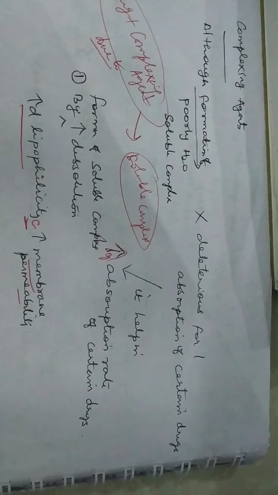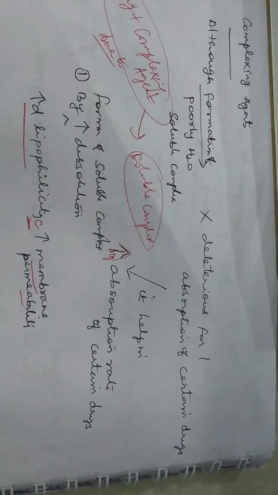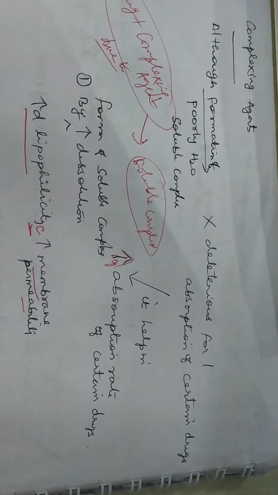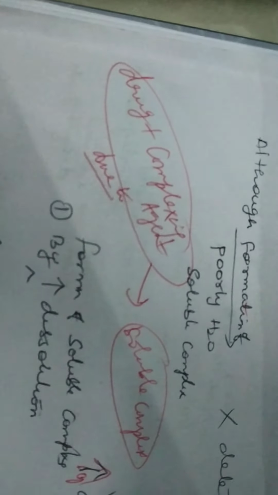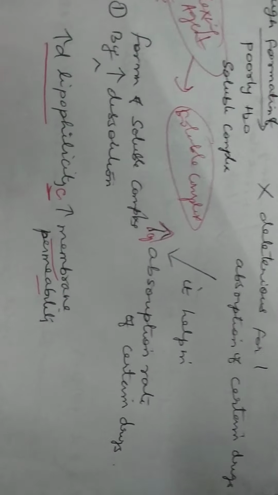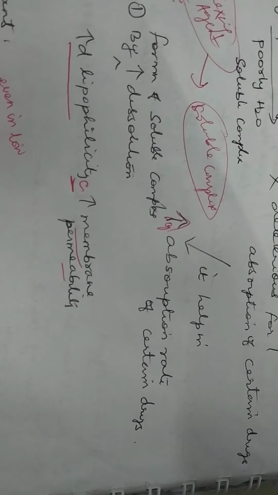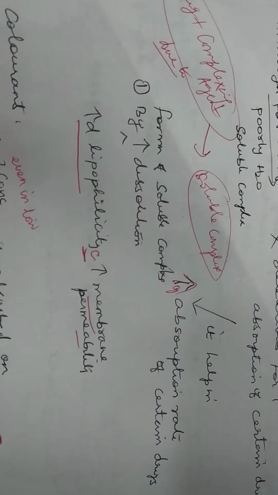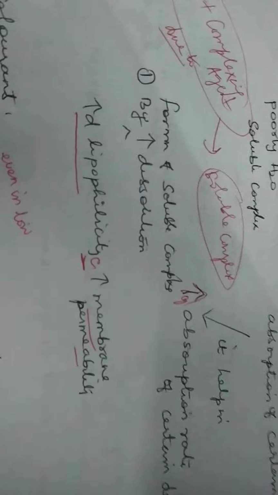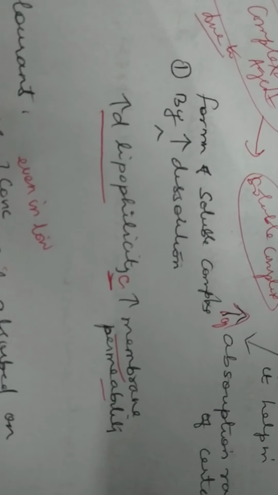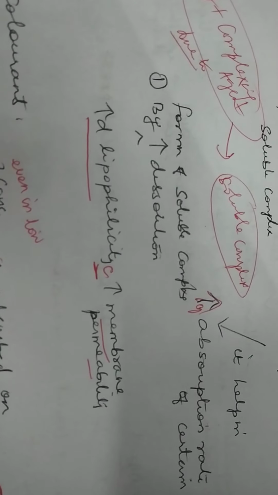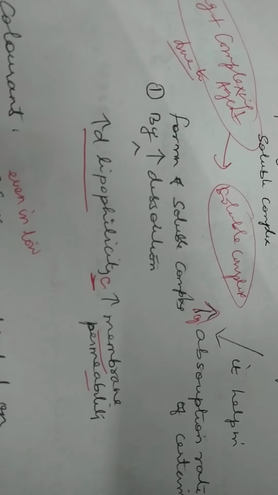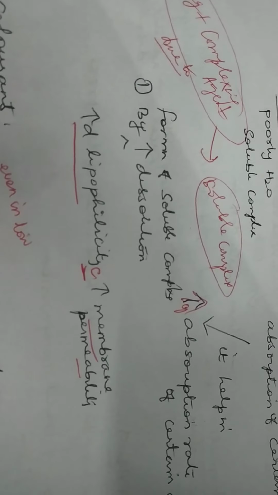Even though they don't do anything, they help in increasing the absorption rate of certain drugs. A soluble drug along with a complexing agent forms a soluble complex, which helps in increasing the rate of absorption, due to increased dissolution and increased lipid solubility, which may increase the membrane permeability.